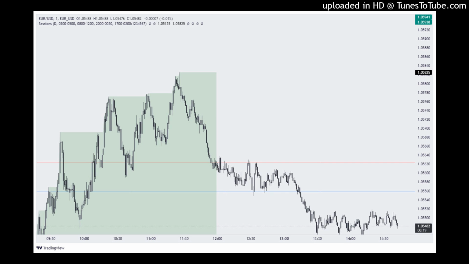So here on the monthly, let's see. On the monthly, we are indeed sweeping. Now the only thing that worries me a little bit, and that's due to the dollar being a little bit unclear, is that we are sweeping previous month's high and sweeping previous month's low. Whenever we have that, it's quite 50-50 usually.